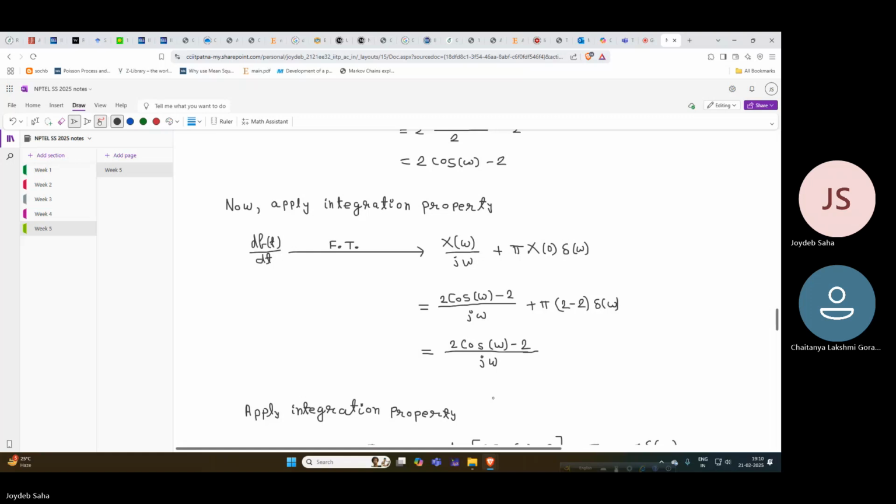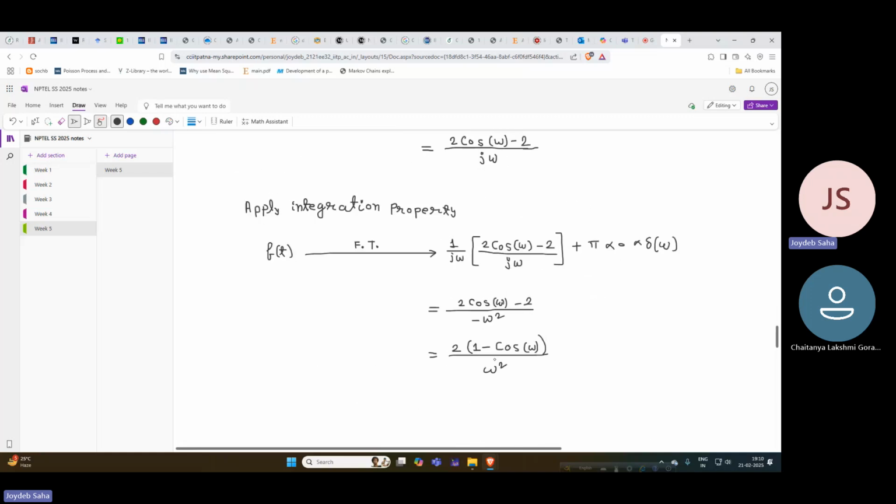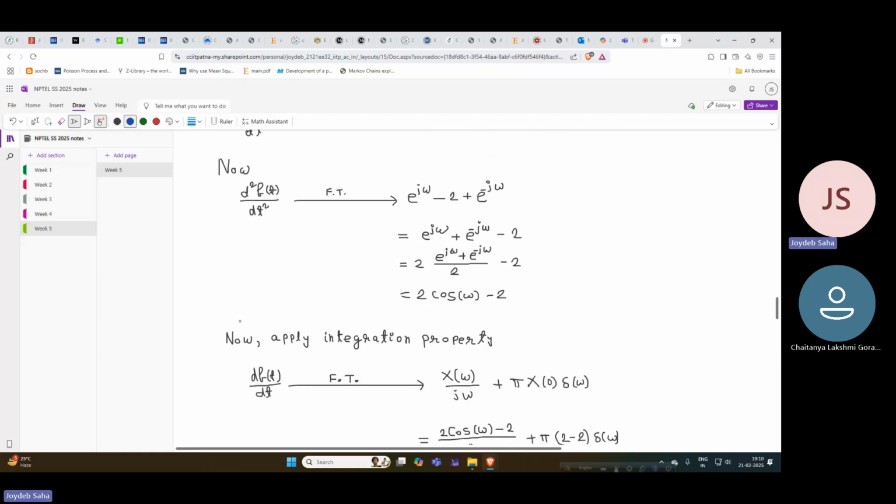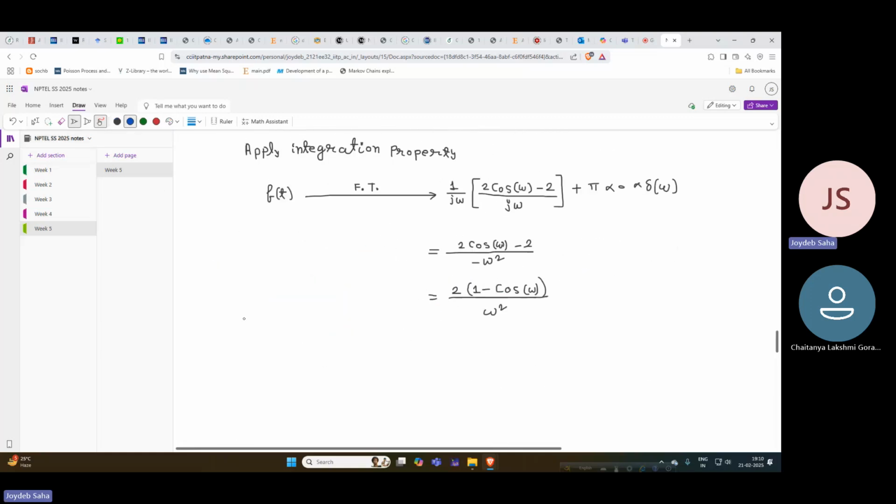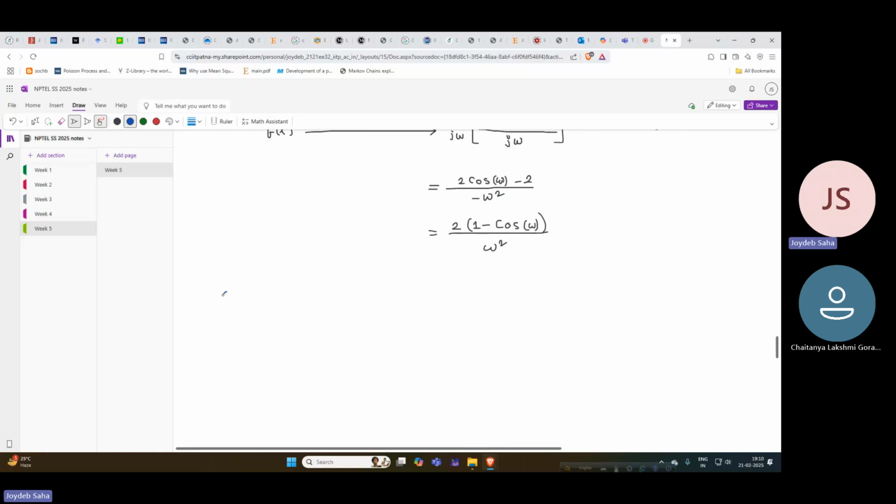Hope you can understand this. Then we will proceed for the next question. It was question number 5, right? Question number 6. First you will try to solve, then I will solve it.